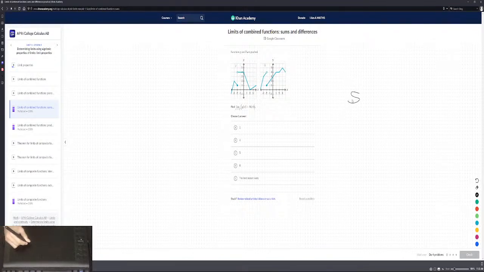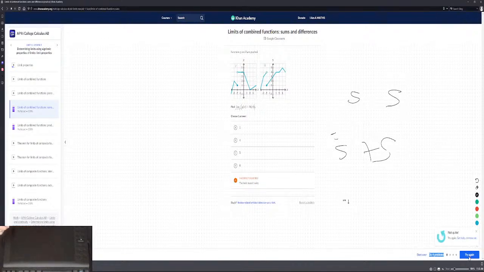So 5 and 5. So it would be 5 plus 5. The limit wouldn't exist for this one because there's a jump discontinuity. Oh, I was wrong. Wait, no, it'd just be 5. It wouldn't be 5 plus 5.